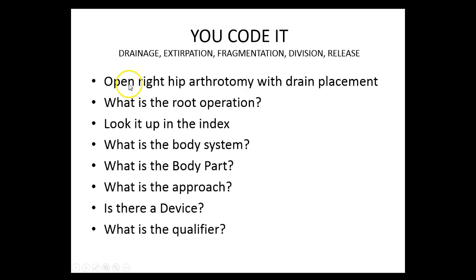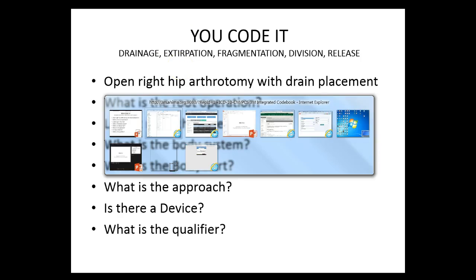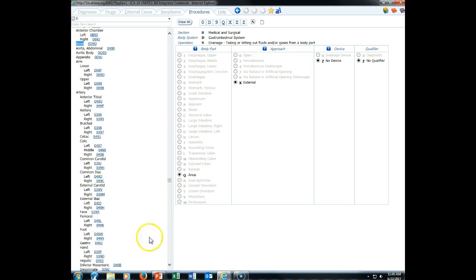Okay, so now we're doing an open right hip arthrotomy with a drain placement. So we're making an incision into the hip joint to put in a drain. So this root operation is going to be drainage.